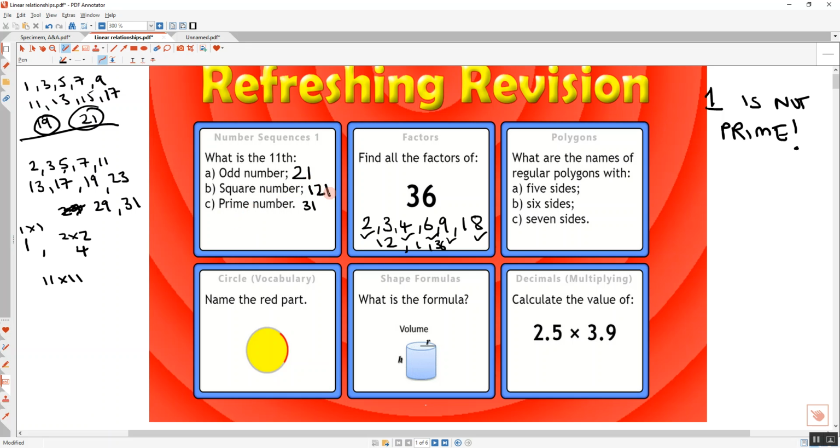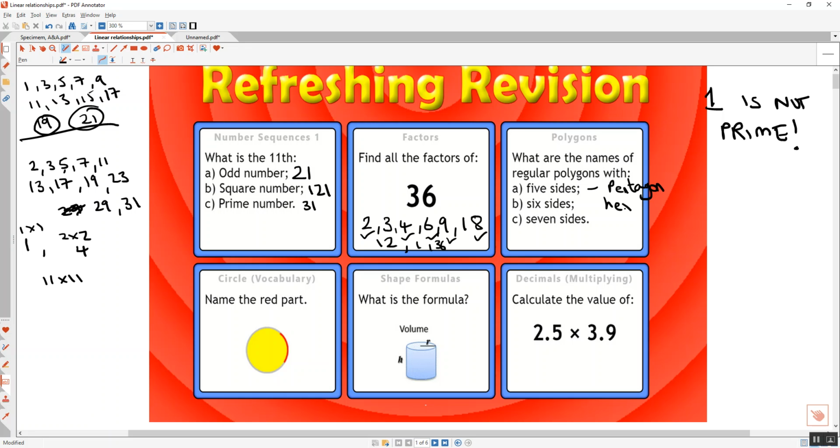Good. Okay, next one, Isabel. Can you do the names of the regular polygons? Okay, so A is pentagon, B is hexagon, and C is heptagon.